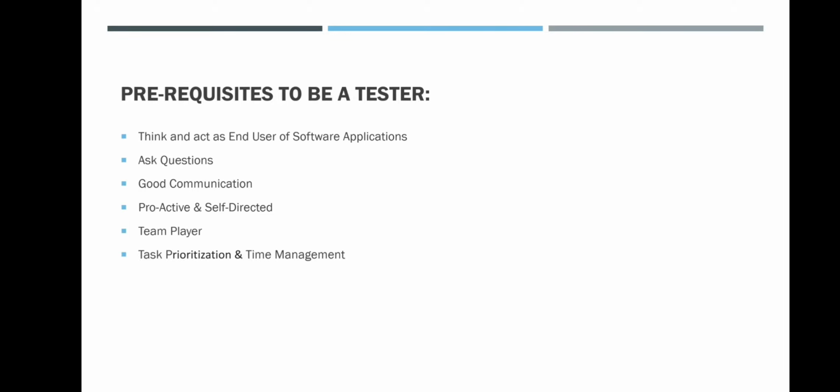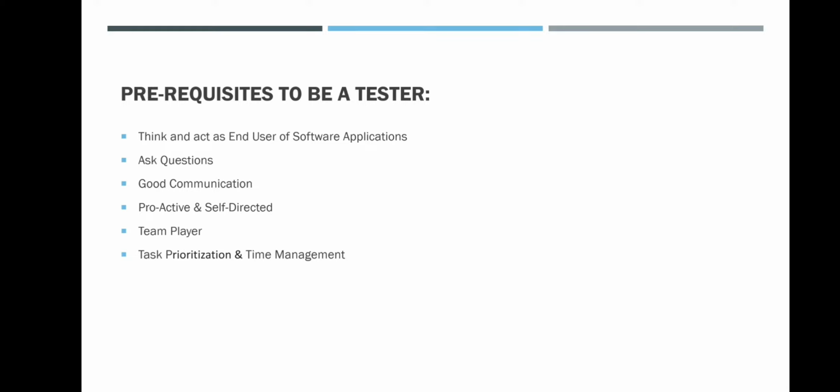I can tell you a few things which I feel are prerequisites to be a tester. In general, I'm not talking about professional requirements. Obviously you'll be a graduate, or whatever degree you have done, but as intellectual qualities, you should inherit the quality to be a tester. You need a person who thinks and acts as an end user of the software application and asks questions.